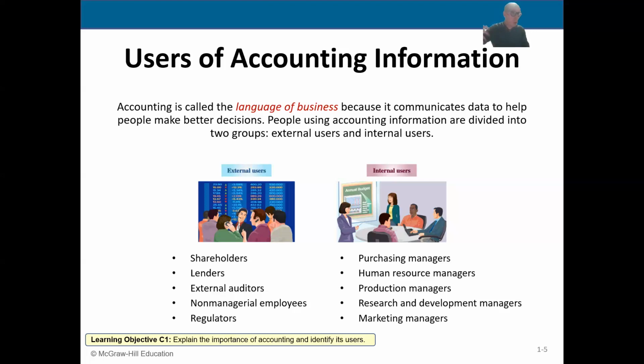These are people working inside the company: purchasing department, human resources, production, research and development, marketing. I could keep going, right? There's a lot of people working for the company that make decisions based off of the financial information. So, two groups of users: external, outside the company; internal, working for the company.